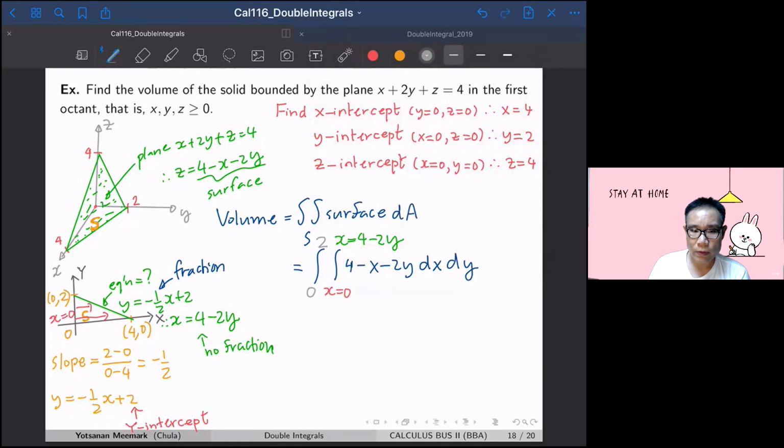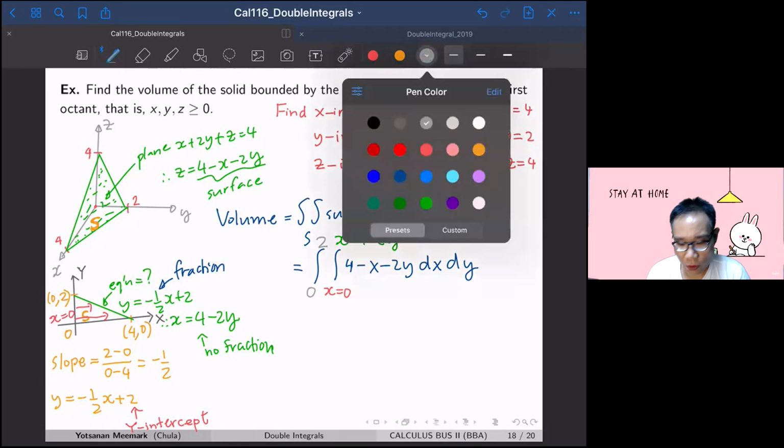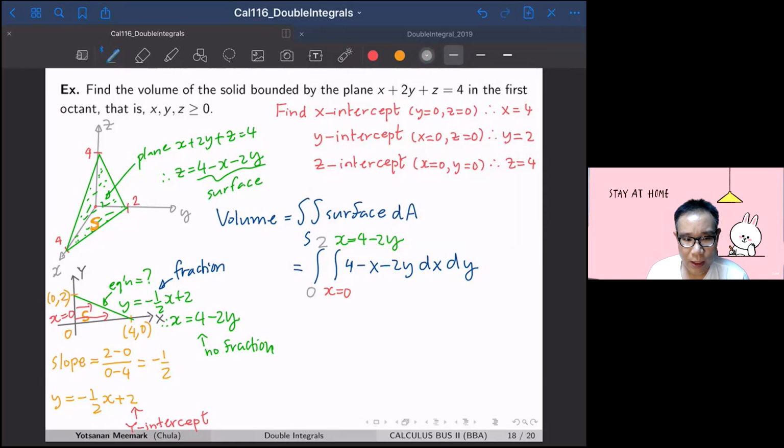I will leave this question for you to integrate, and I will give you the solution when we have the recitation. One thing you may think is that this question is so hard. It's going to be easier if you can ignore this part.